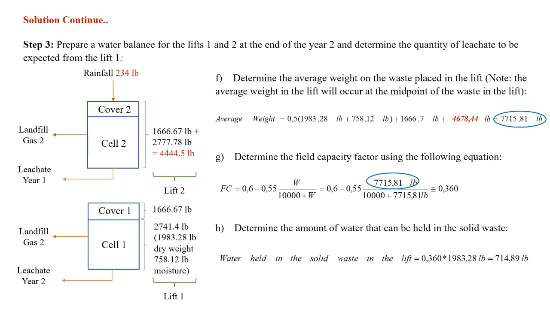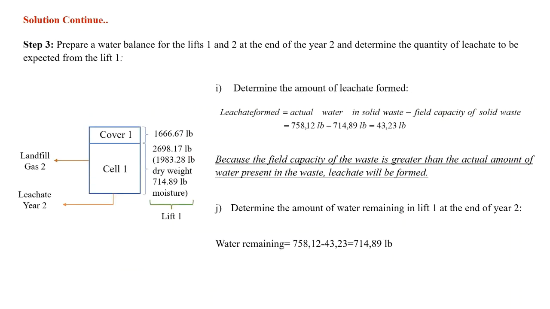Again, since this number represents a fraction of water in the waste based on the dry weight of waste, we can find the water amount held in the solid waste in the lift as 714.9 pounds by multiplying the field capacity with the dry weight of solid waste. Then by subtracting the water amount held in the solid waste from the actual water amount, we can calculate the formed leachate quantity.